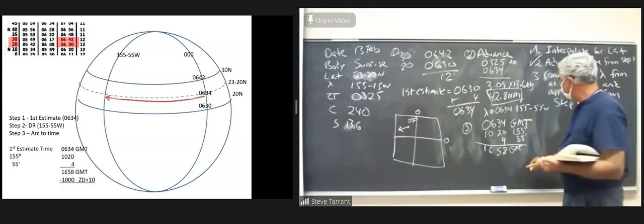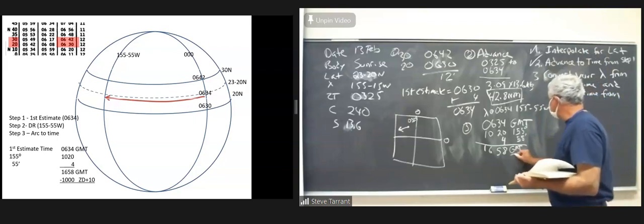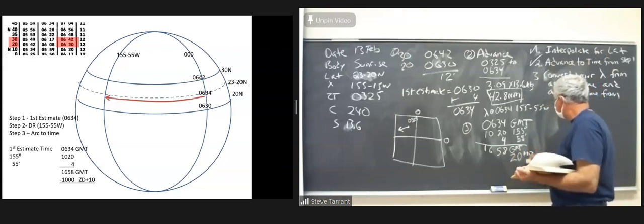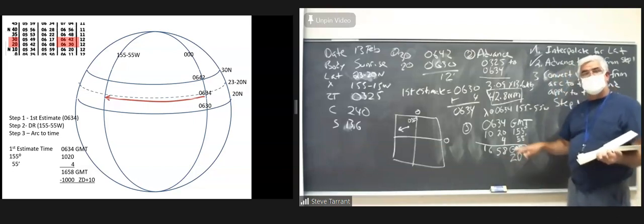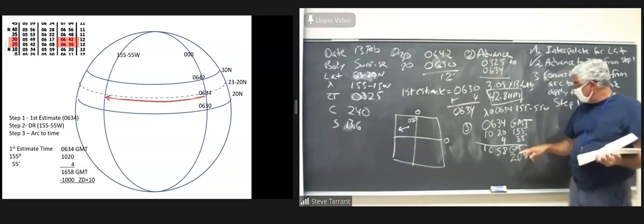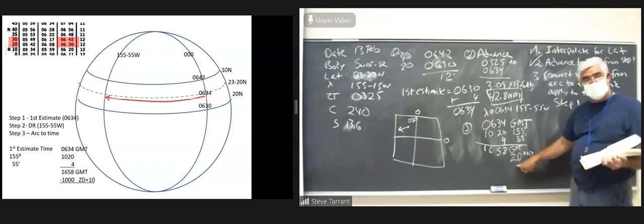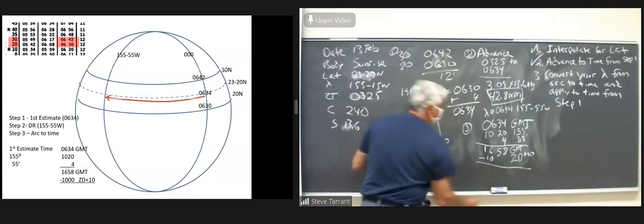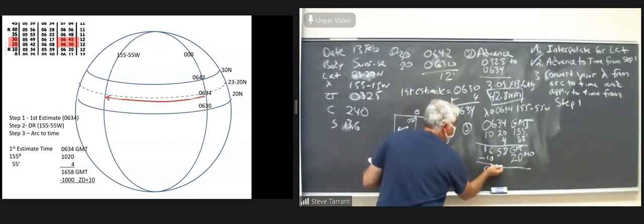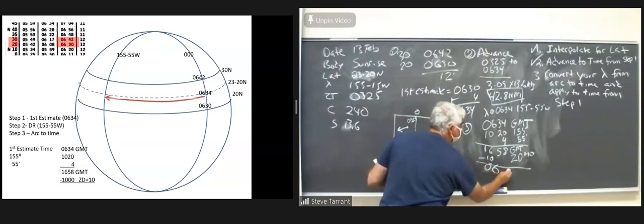My zone description is plus 10, but the plus 10 is plus when I'm going to GMT. I'm going from GMT to my zone, so what am I going to do with the plus 10? I'm going to subtract it, and I get 0658.